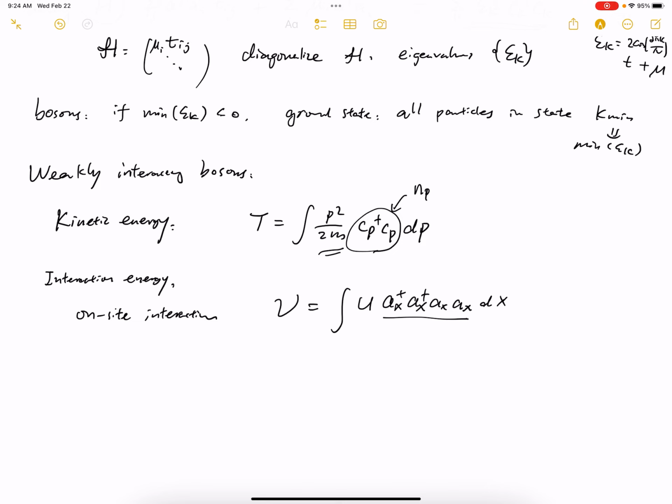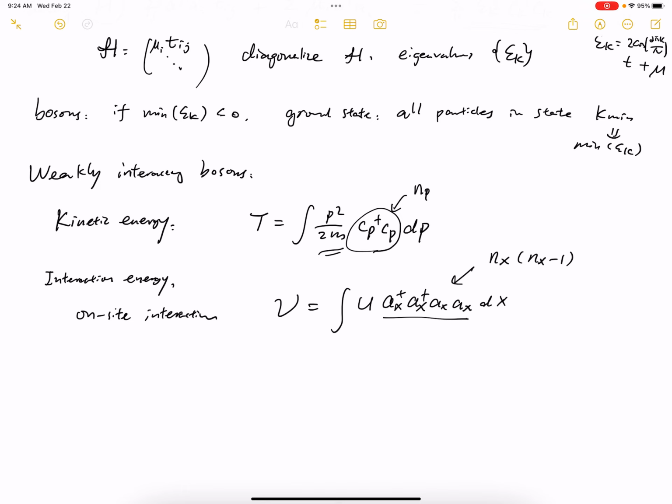This is something we talked about when we discussed how to write the two-body operators, basically the interaction energy in the second quantization form. You'll get these four operators, two creation and two annihilation operators, in this particular order. And if you swap the order, you can find that this reduces to n_x times (n_x minus 1). This is the reason that you only get interactions when you have at least two particles at that position x, right? If you have either 1 or 0, this product goes to 0, which makes sense, right? Because you can only have interactions when you have two particles at the same position.